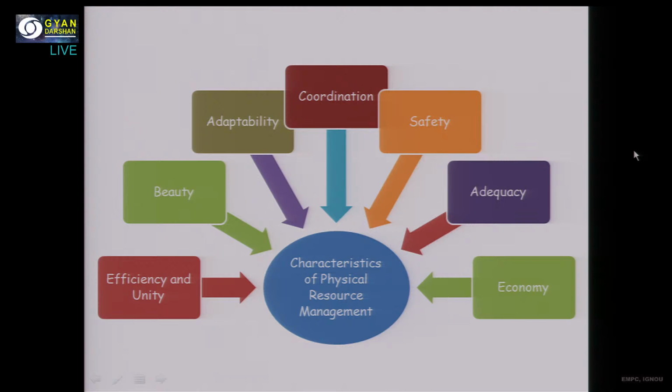Then economy in terms of time and money is an important thing. Whether the resource can be purchased within a particular period and utilized immediately, or otherwise the supply of the resource will take so long that the academic year may get over.